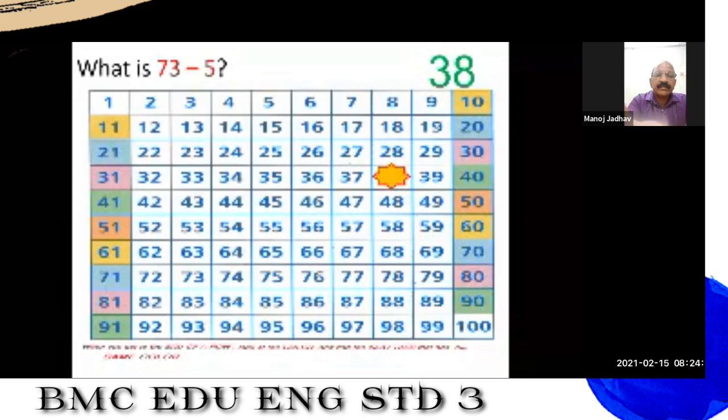Now see, next problem, next slate. 89 minus 70. 89 minus 10, 79. 79 minus 10, 69. 69 minus 10, 59. 59 minus 10, 49. 49 minus 10, 39.